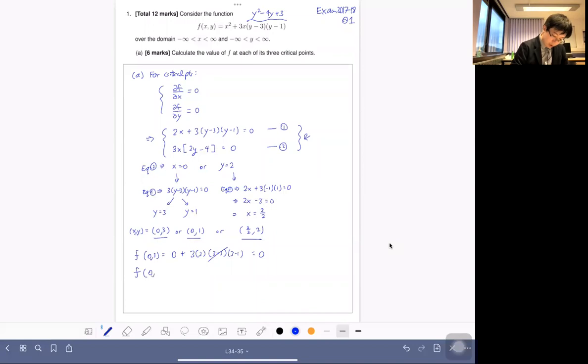If I plug in (0, 1), this is 0, and I can tell this is 0 already, so the second term will be 0. And finally, if I plug in 3 over 2 and 2, so I have 3 over 2 squared plus 3 times 2 times 2 minus 3.